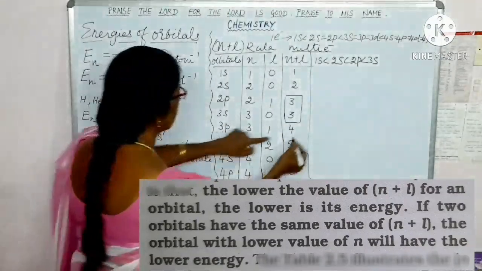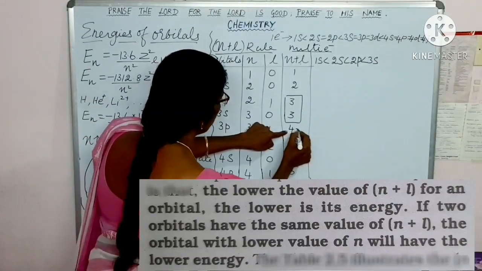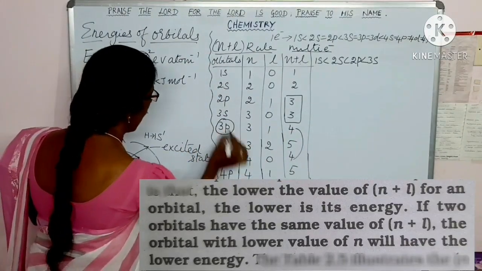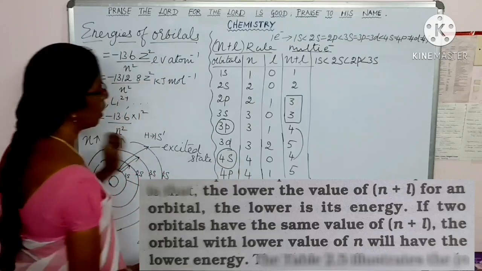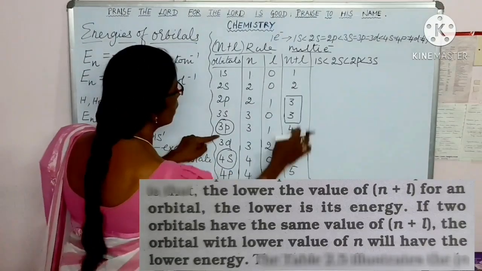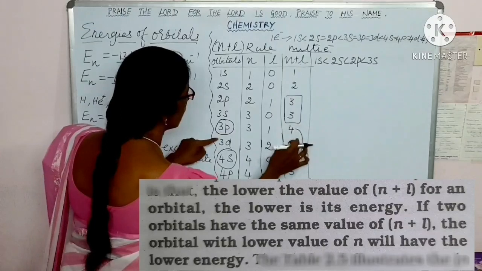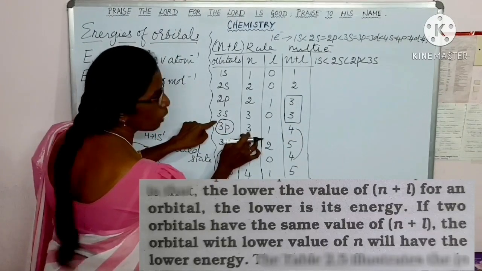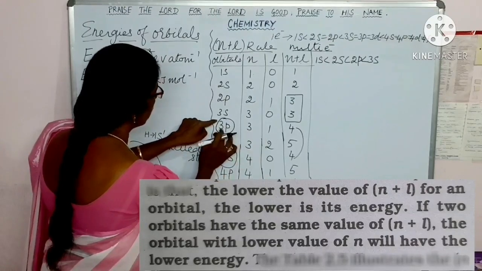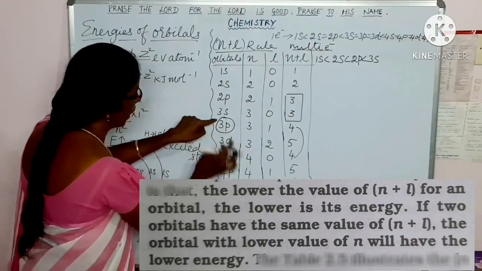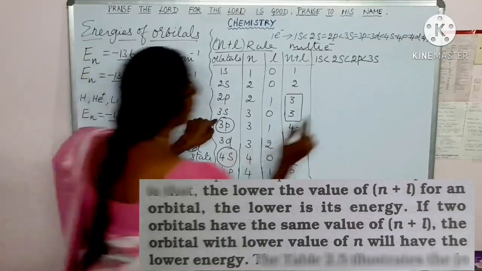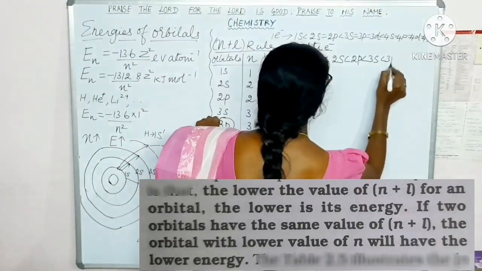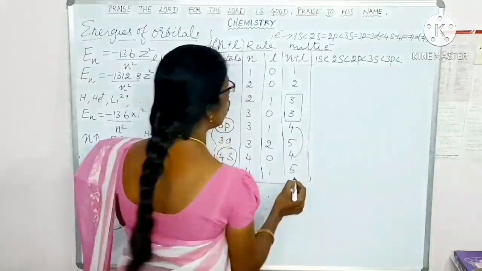After 3s, here it is 4. 4 is for 2 orbitals, both 3p and 4s. So when there are two same values for n plus L, then the lowest will be the one with the lower principal quantum number n. So your 3p will have lower energy compared to 4s. So after 3s, you will get 3p, then comes 4s.